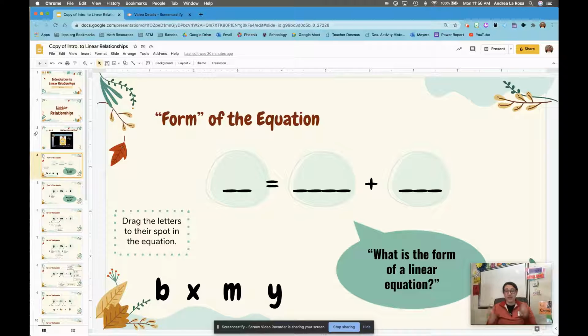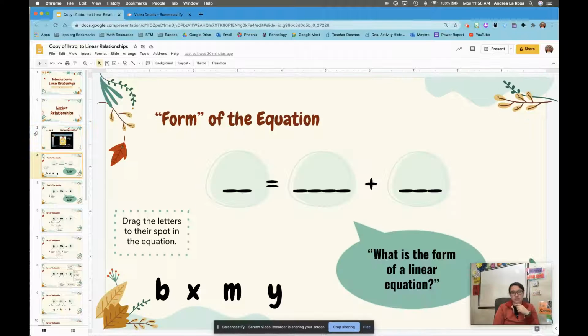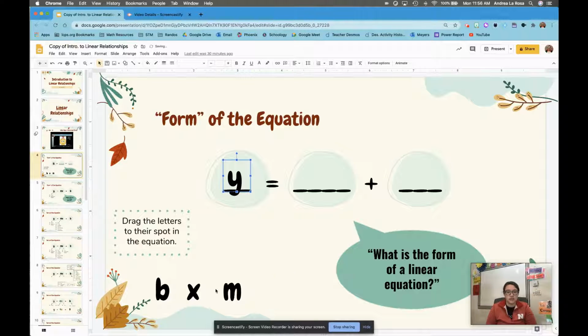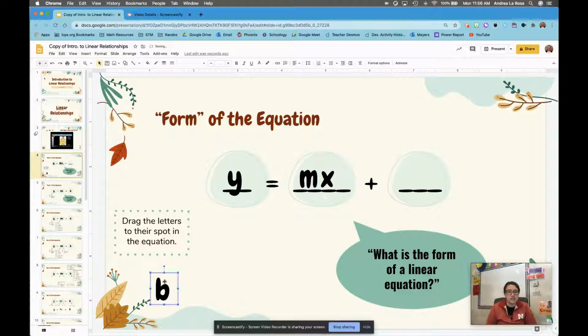So when I talk about the form of an equation, like it says up here, this is technically called slope-intercept form. In our class there are other forms, but we're just going to talk about slope-intercept form. So whenever I ask you for the form of an equation, I want you to say y equals mx plus b.